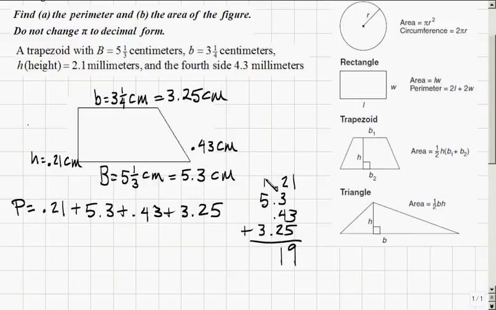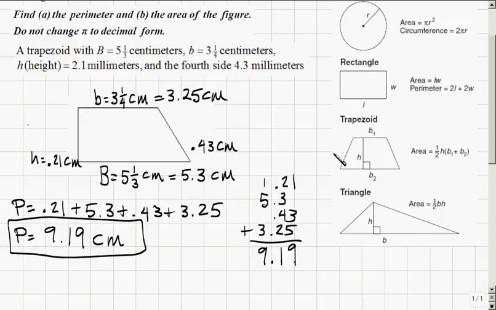Carry the 1. 1 plus 5 is 6. 6 plus 3 is 9. And carrying the decimal point down, we get 9.19. The perimeter of this trapezoid is a total length of 9.19 centimeters. That means if we add up all four sides, the total length is 9.19 centimeters.